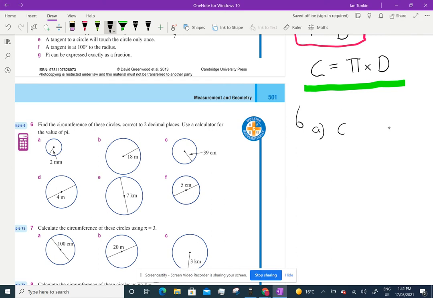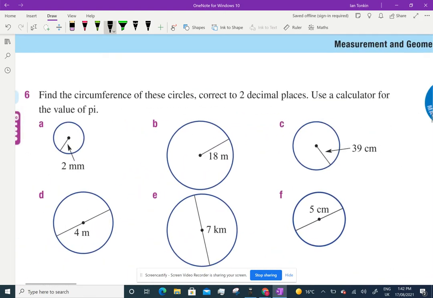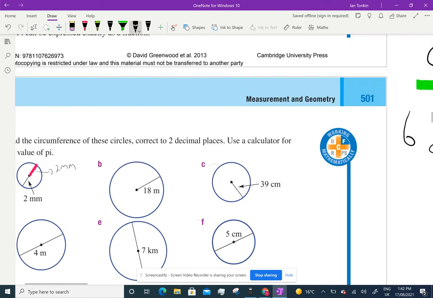Now remember, circumference equals pi times the diameter. And if I look at the very first question, they don't give me the diameter. They only give me the radius. But remember, the diameter goes all the way to the other side. So if this distance is 2, then this distance is also 2. Also, if they give you the radius, you just need to double it.